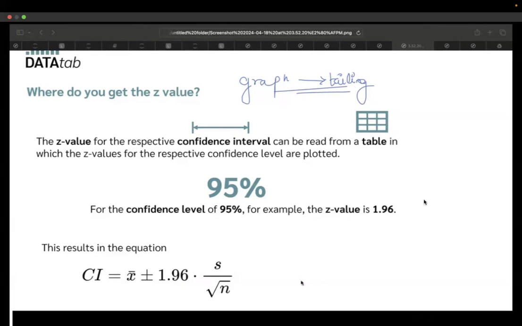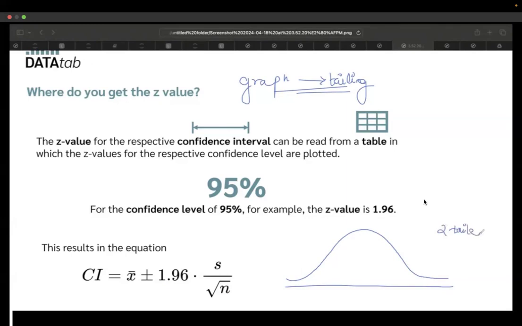Suppose we are having a bell-shaped curve. That's what I told you, the first characteristic for applying a confidence interval is that your data should be normally distributed or standard normally distributed. Since you are having the curve like this and 95% confidence, you need to understand the tailing of your graph. The tailing of your graph says two-tailed.